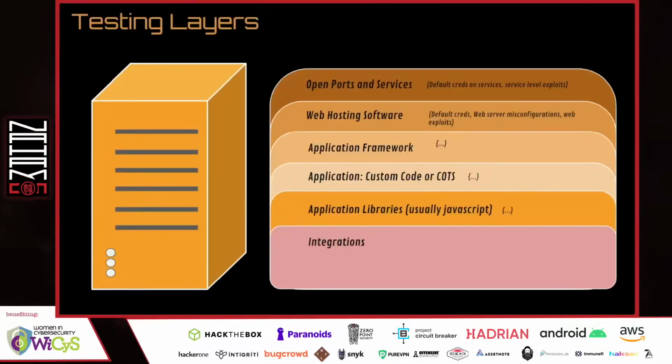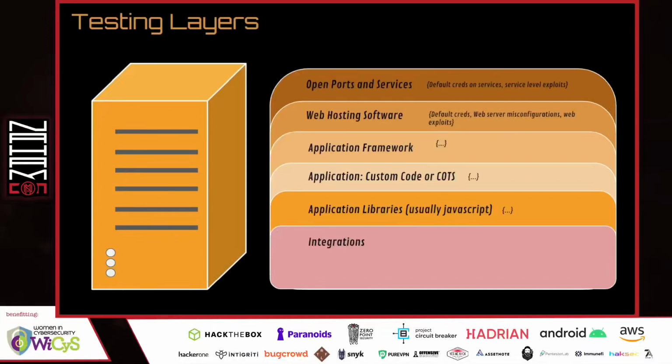When I look at an application, I actually try to break it down into several sections. And this is how I look at an application as far as how I have to test it. So there are 6 layers here. The first layer is open ports and services on this server, right? In this case, there could be remote authentication services like SSH or FTP or RDP or something like that.